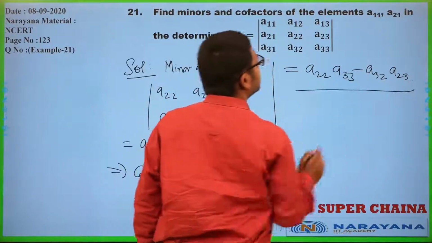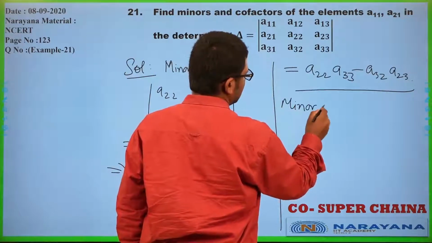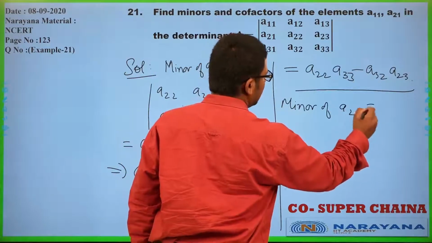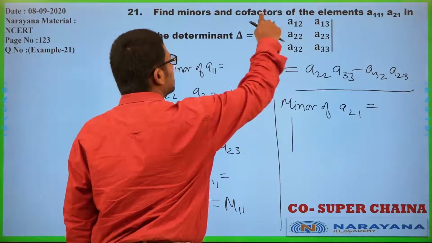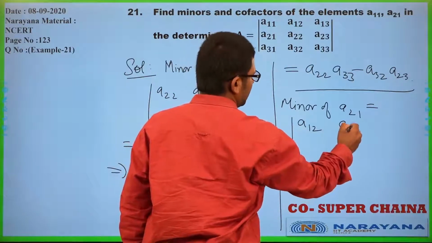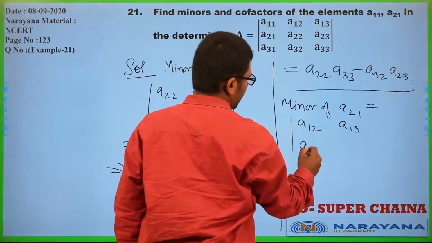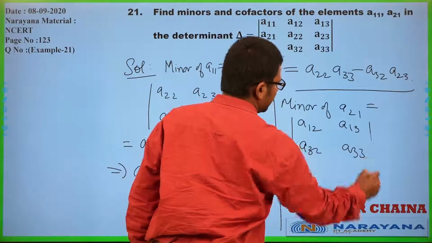Now, for element A21, so we will say minor of A21 is this determinant. So leave that row, that column. A12, A13, A32 and A33, right?